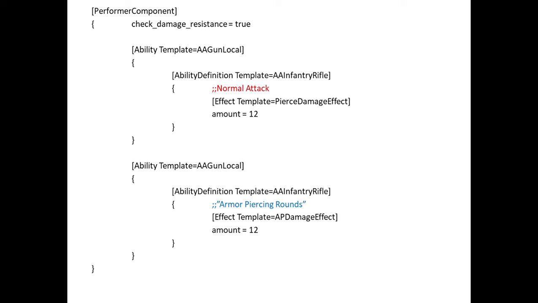If there is a vehicle target in the area, because of the damage resistance that vehicle has to pierce damage, it would only use, most likely, the armor piercing ability defined here against the vehicles, and if there were no infantry around, it would not use its normal attack, most likely, because the normal attack's use bonus value would be lower than the weight bonus of the armor piercing ability.